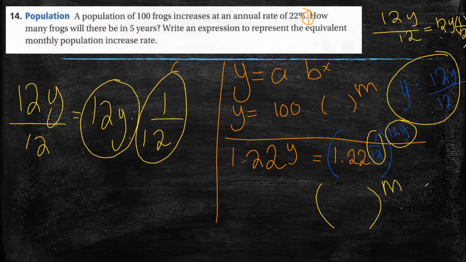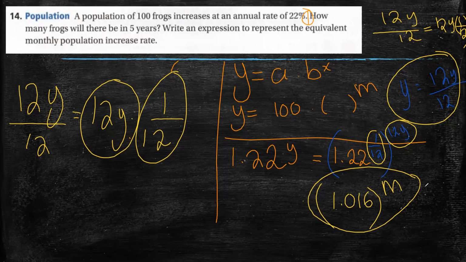You will find that the answer is 1.016. This will be now my growth factor. Teacher, where did you bring 1.016 from? On the calculator, write 1.22 raised to the power 1 over 12.